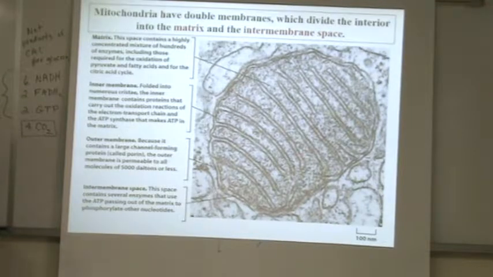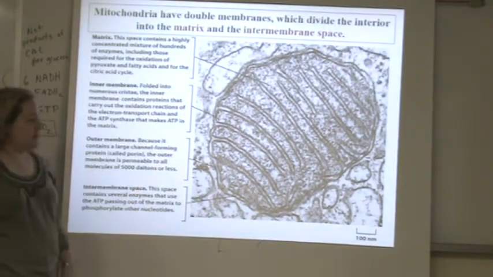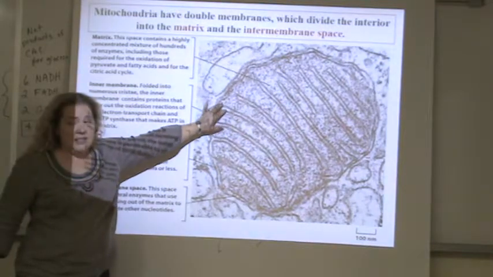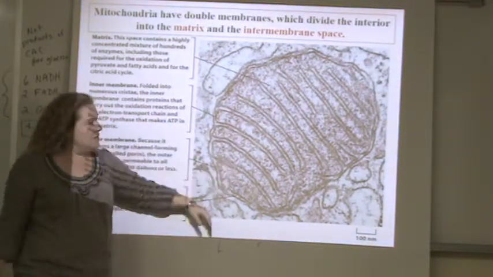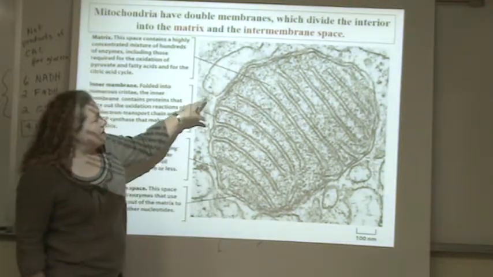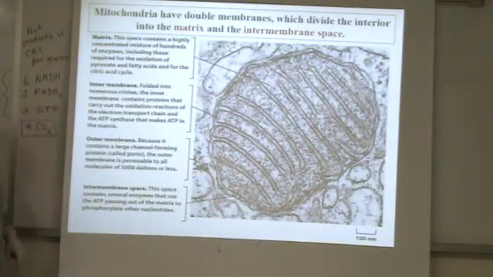So to review the compartments, here's a transmission EM of a real mitochondrion. It's got an outer membrane that you could trace around, and it's got an inner membrane. Those two membranes are dividing two different compartments.